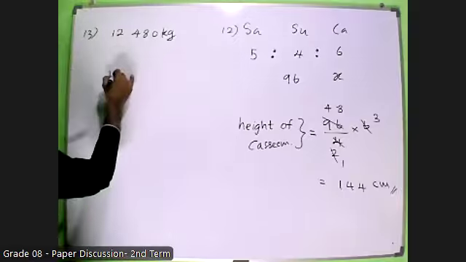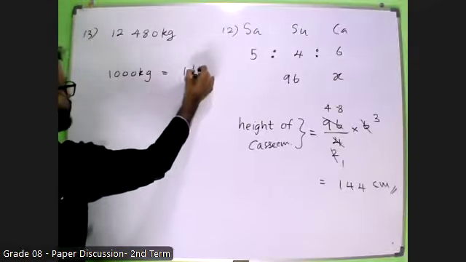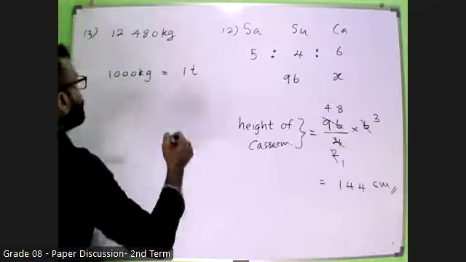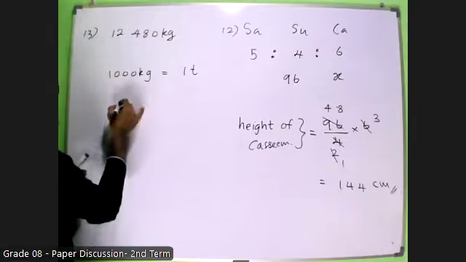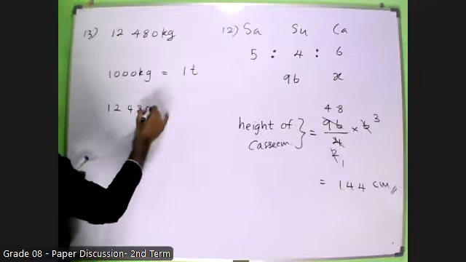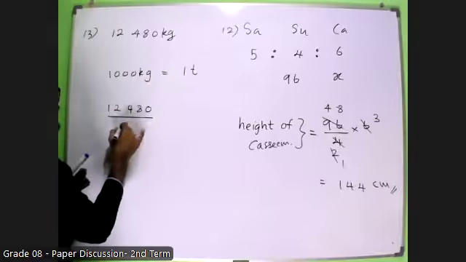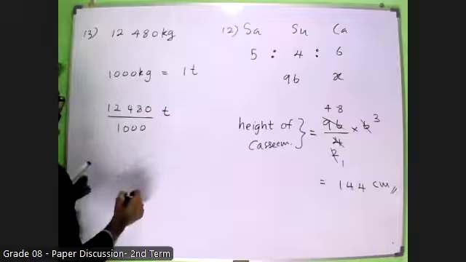1000 kilograms equals 1 ton. So you need to convert this into tons. 12,480 kilograms needs to be divided by 1000 in order to convert it into tons.